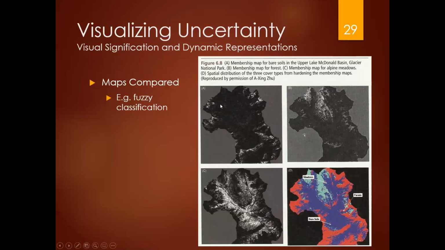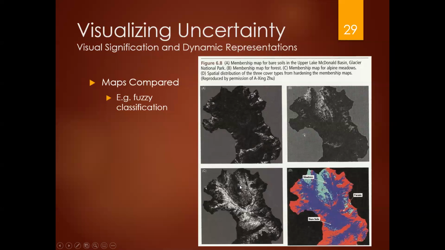If you're looking at figure A, it means that most of the area is not covered by bare soil. Only a limited number of pixels here, here, here, and right here to the south are bright pixels. Their membership values for soil are pretty high. It means that it's very likely that they are bare soil.